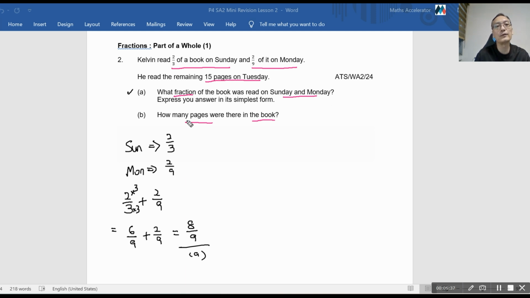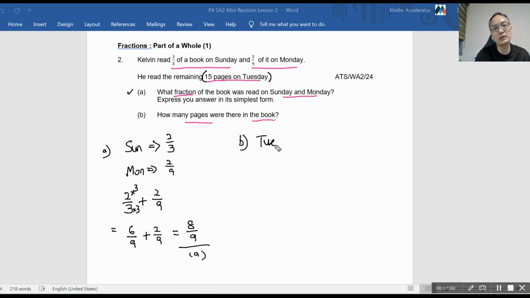Part B, we need to find how many pages were there in the book. So we have this piece of information that we have not used yet. It says that on Tuesday, the remaining 15 pages were read. Right. So the first thing that we do is to find out what is the fraction for Tuesday.